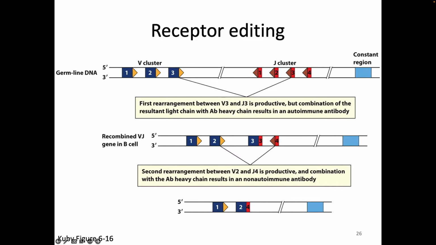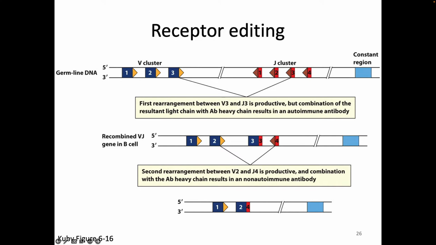So here is our B cell. It has 3 V's on its light chain, V1, V2, V3, and 4 J's. And this B cell is going to choose V3 and J3, which you can see here. And you'll notice that J4 is still present, as are V1 and V2. Now this B cell makes a successful light chain, but that light chain is autoreactive.